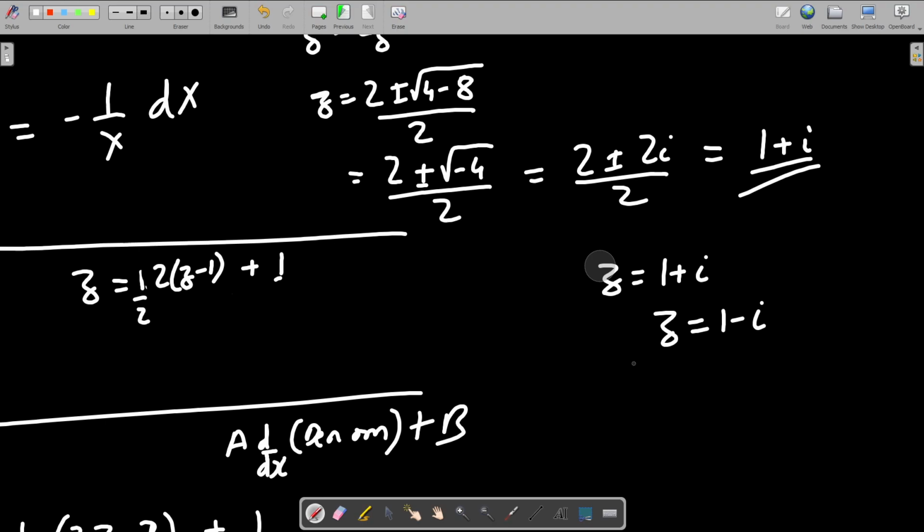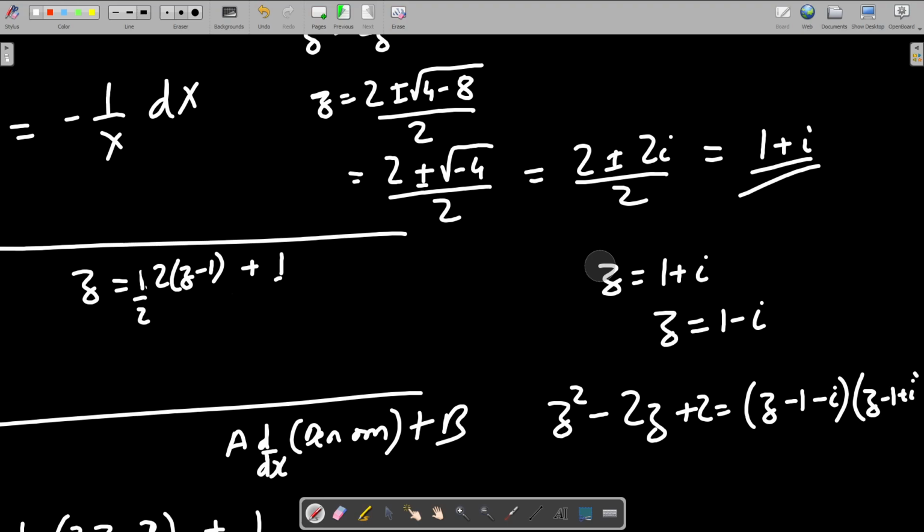So basically the denominator term z square minus 2z plus 2 can be expressed as the product of z minus 1 minus i into z minus 1 plus i. It can be expressed as the product of these two quantities.